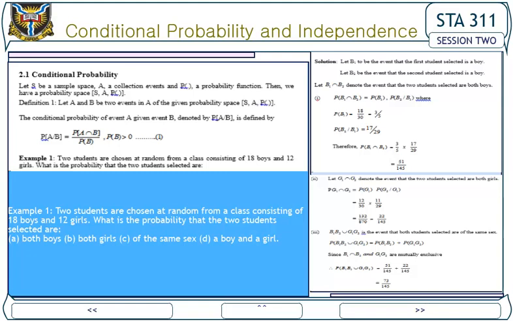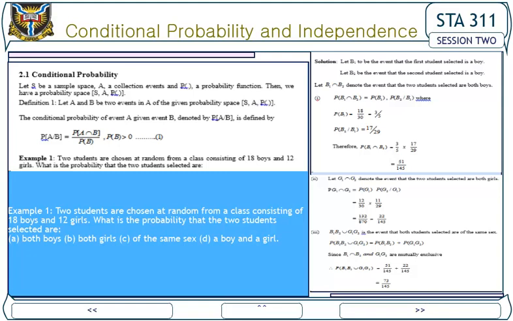Let B2 be the event that the second student selected is a boy. Let B1 ∩ B2 denote the event that the two students selected are both boys. Now follow the solution. Therefore, the probability of both boys is equal to 51/145.